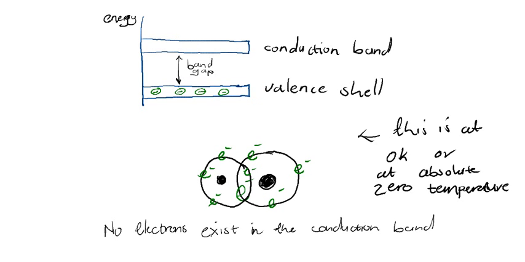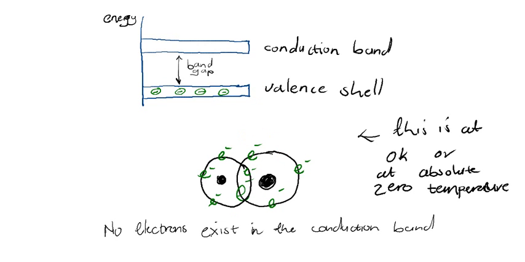For any silicon crystal which is at 0 Kelvin or absolute 0 temperature, there are no electrons in the conduction band. All the electrons exist in their prescribed orbitals or energy levels. As you can see in front of the screen, we have 2 silicon atoms and we have 2 valence shells.